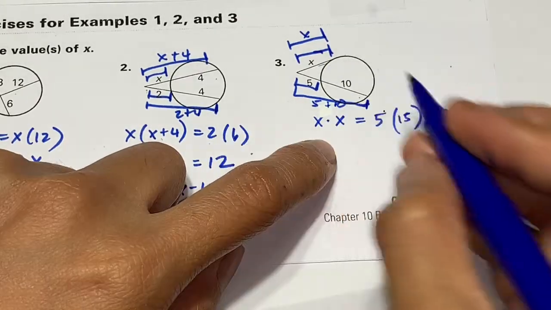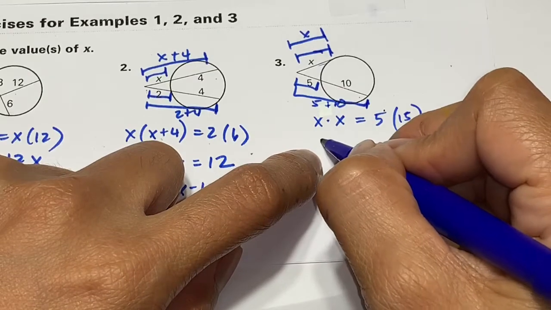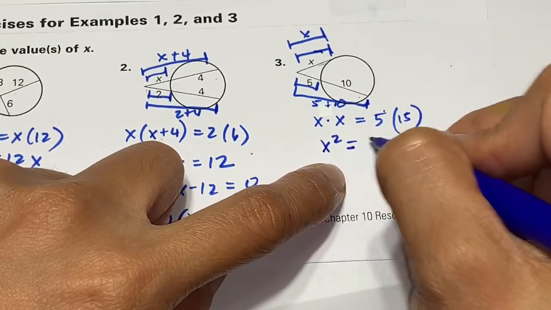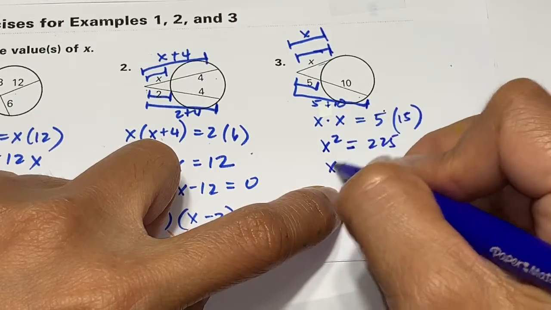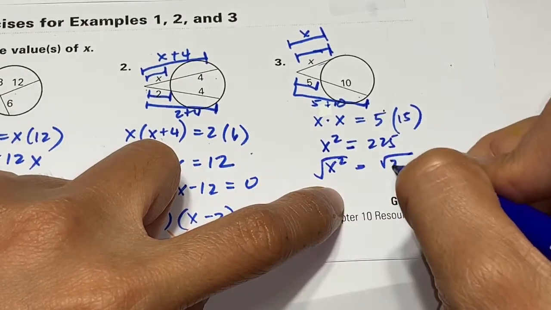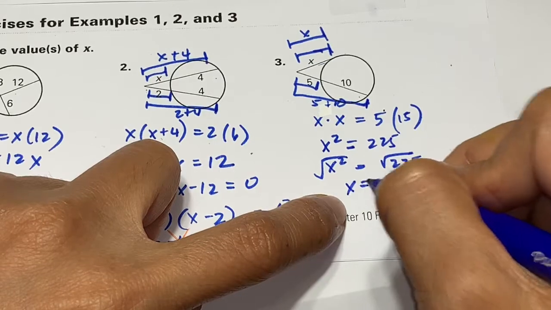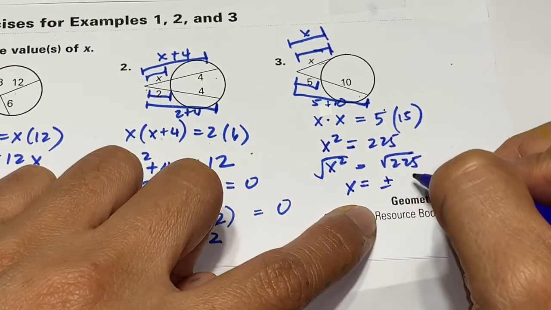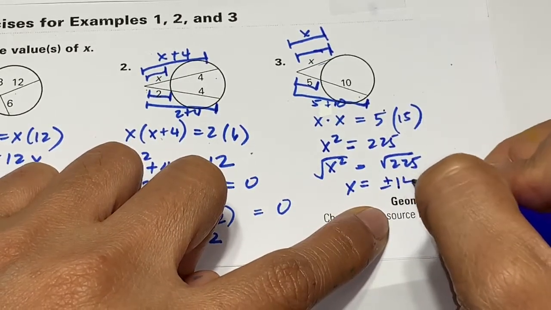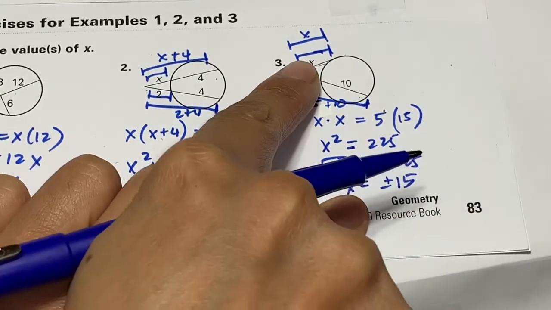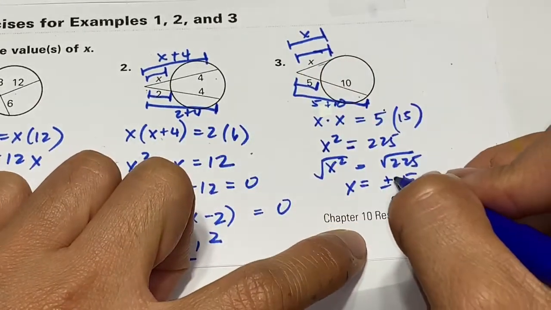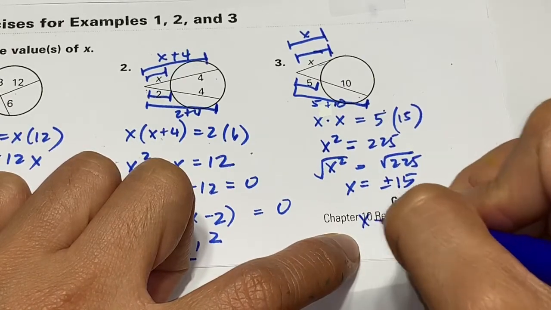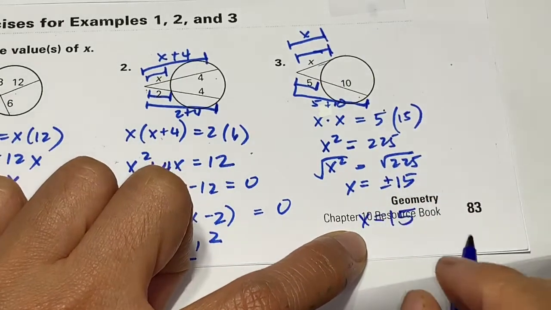Okay, so that is x squared equals 225. The opposite of squared is square root. Therefore, x equals plus or minus 15. Again, it's only an x. I cannot have a negative side length, so we're going to disregard the negative. Final answer is positive 15 only.